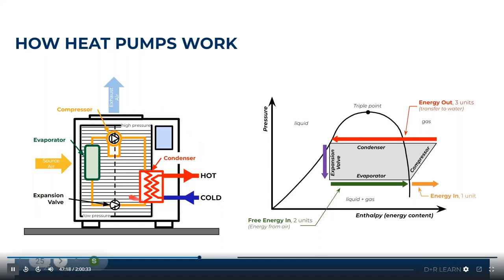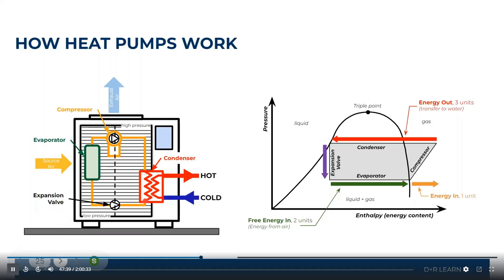So right now, this is strictly an air-to-air source heat pump, and you have your low pressure vapor going into your reversing valve, and that low pressure vapor is going to make its way over to your inside coil, where it's going to pick up heat from your compressor.